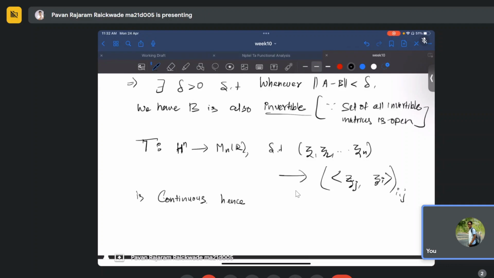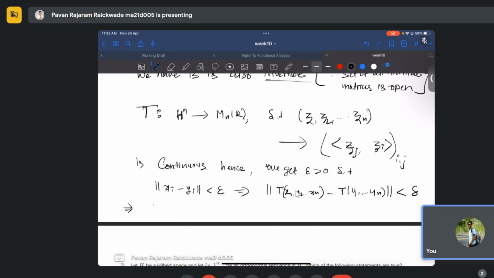Hence we get an epsilon such that norm of xi minus yi less than epsilon implies norm of T of (x1 through xn) minus T of (y1 through yn) is strictly less than delta.